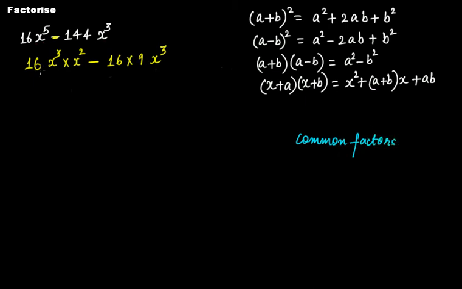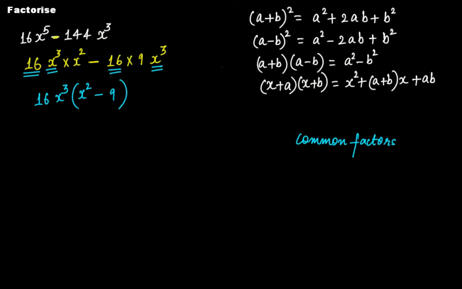So now 16 is here, 16 is here, x cubed is here and x cubed is here. So take out 16x cubed, the common factor, outside the bracket, and within the bracket you will have x squared minus 9.